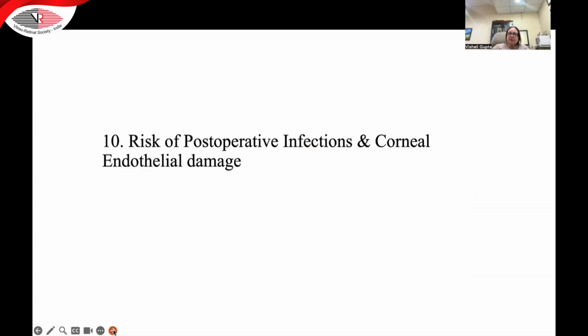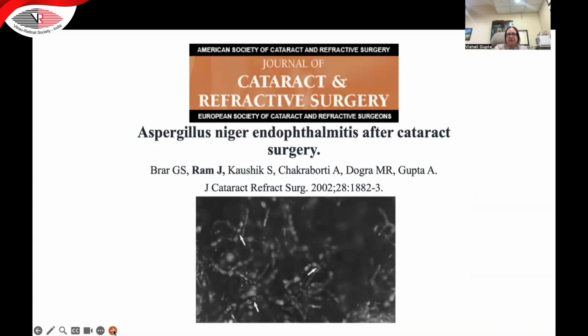Now you have done everything. You just have to remember and probably include it as a part of your consent that there is a risk of postoperative infections and corneal endothelial damage, which is slightly higher in diabetic patients compared to non-diabetics.